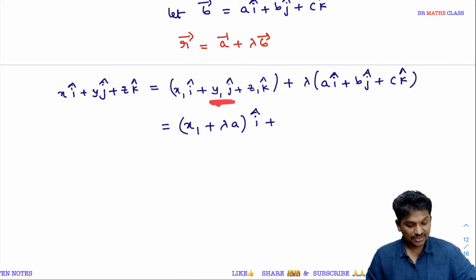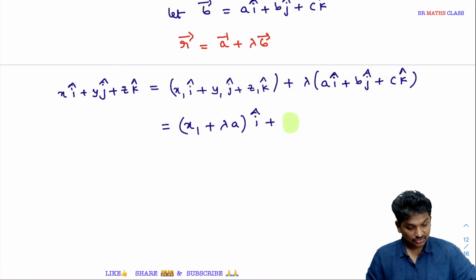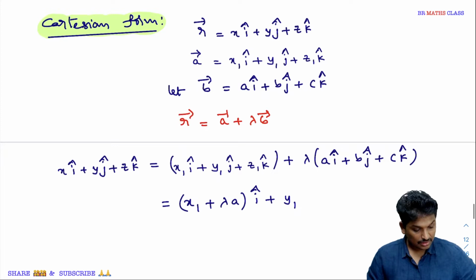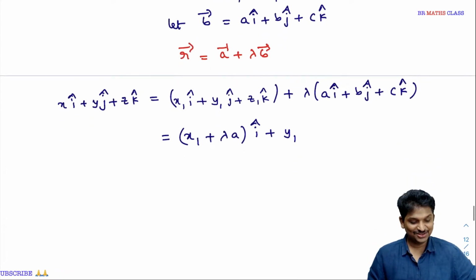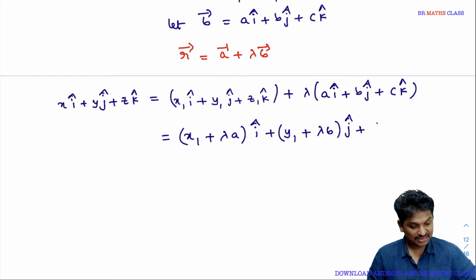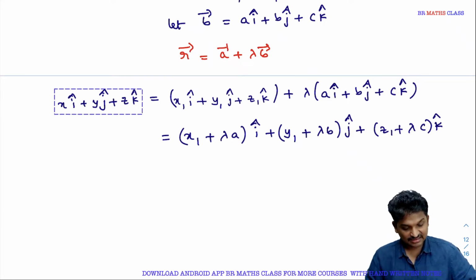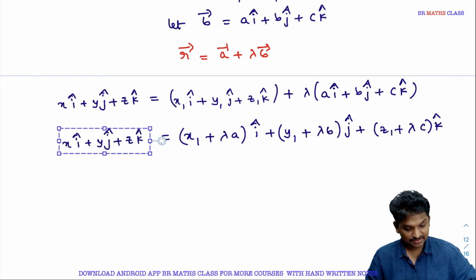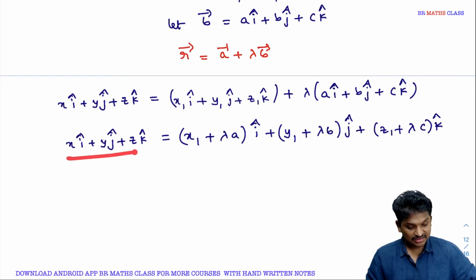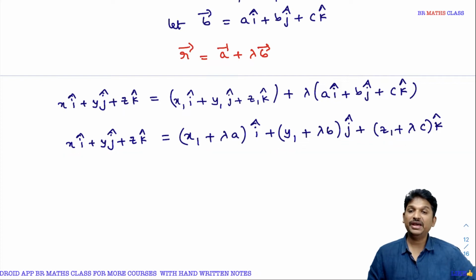Similarly you simplify this one, you will get y1 plus lambda b into j cap, plus z1 plus lambda c into k cap. This side is as it is, xi cap plus yj cap plus zk cap. Now you see this is one vector, this is another vector. I will compare the scalar components.